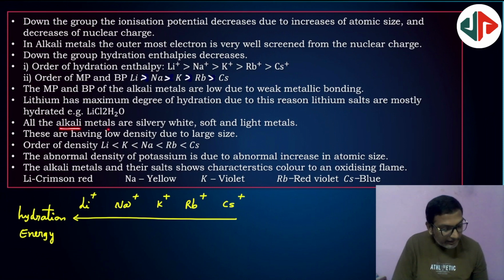Next, all alkali metals are silvery white, soft and light metals. These are lighter metals when compared to d-block. Next, these have low density due to large size. In respective periods, alkali metals have large atomic radius. Density increases from lithium to cesium as mass increases.